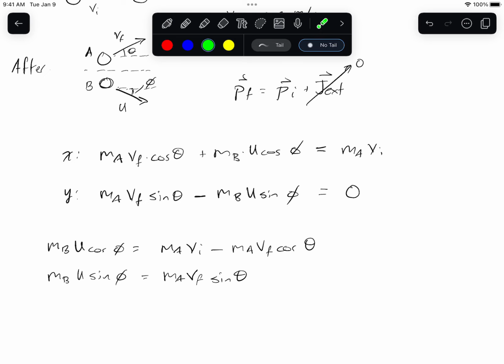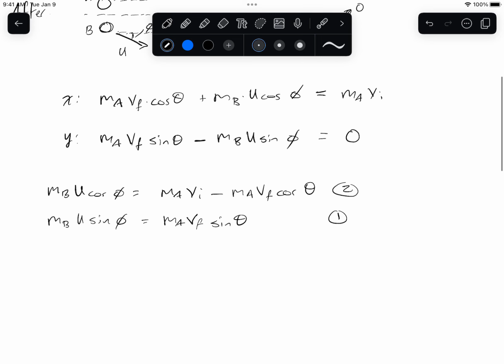So all I did is for this equation, I just moved this bit over to the other side, and for this equation, I just moved this bit to the other side, and I am left with these two equations. And so I can now try to solve for u and for phi. So let's solve, for example, for phi first.